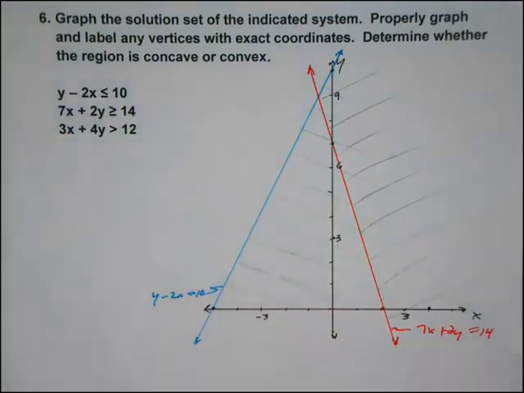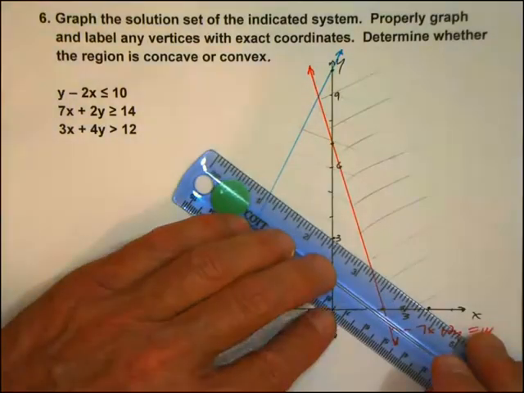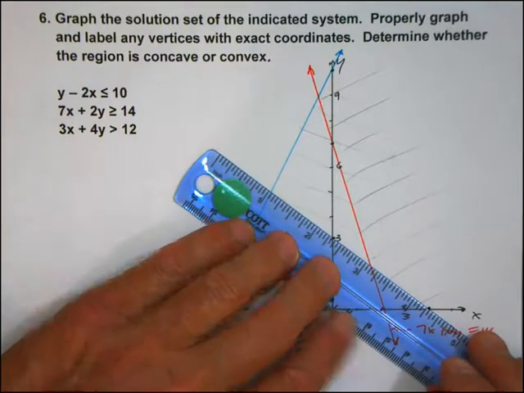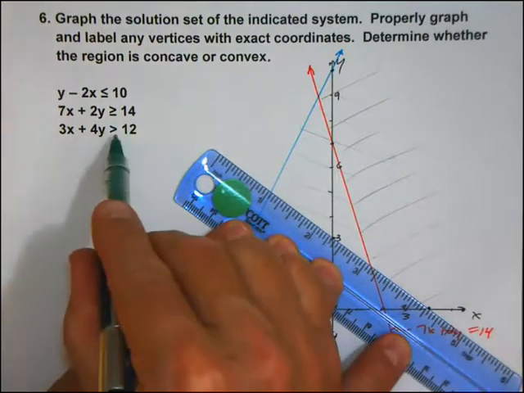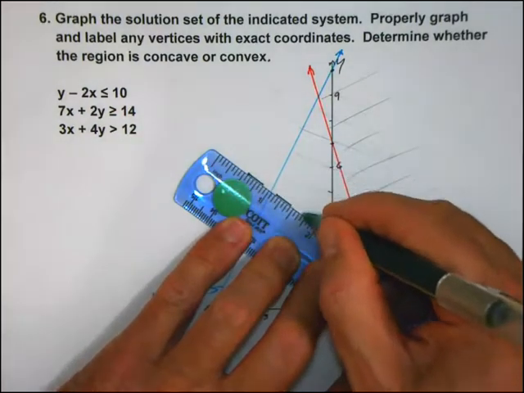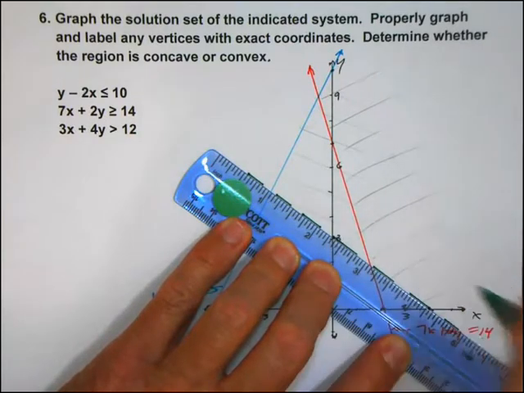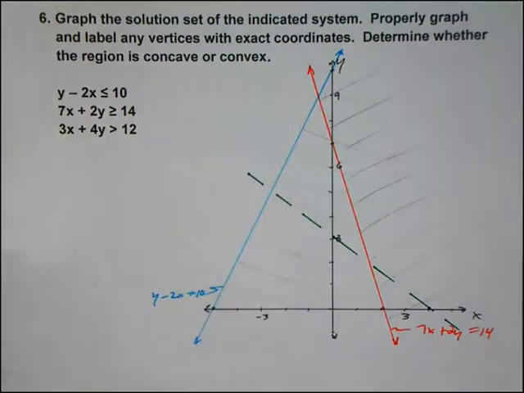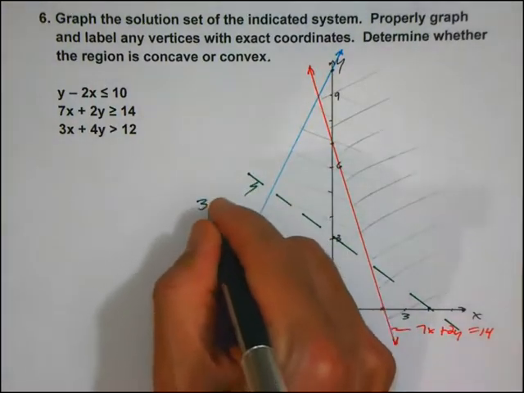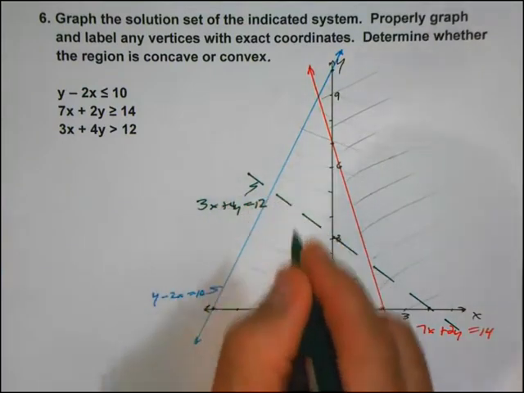As far as this boundary line goes, this one needs to be a dashed line because the inequality is strictly greater than. This boundary line has the equation 3x plus 4y equal to 12.